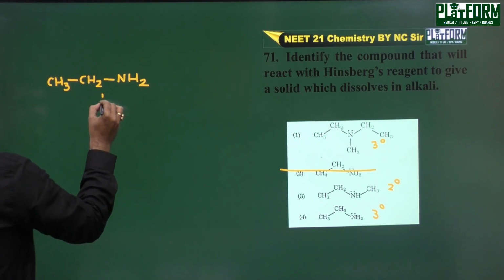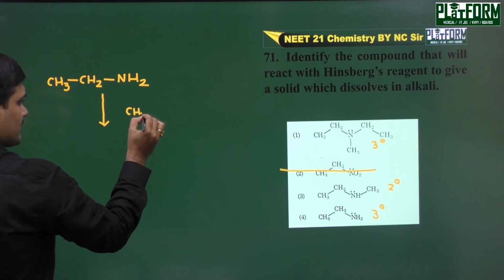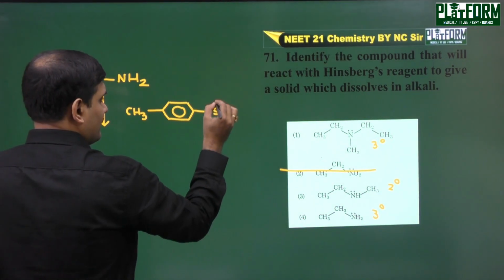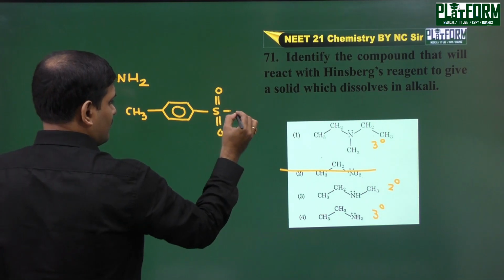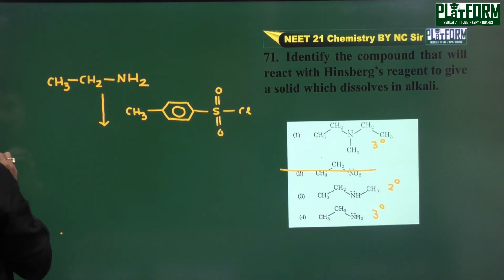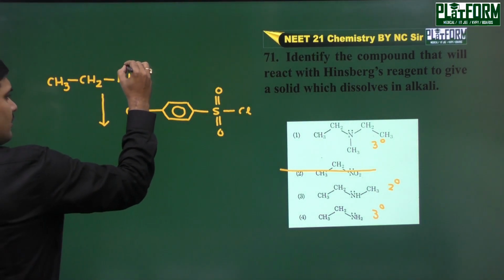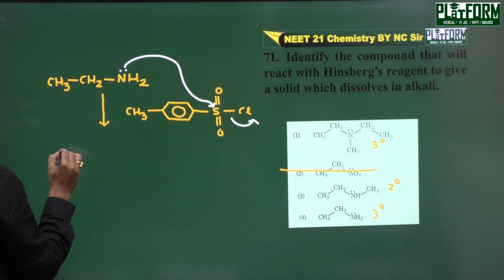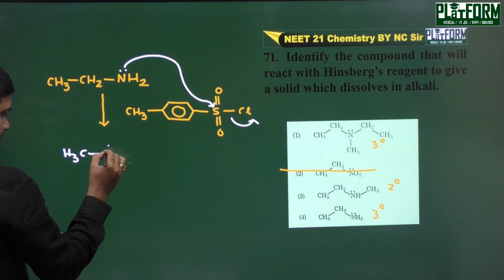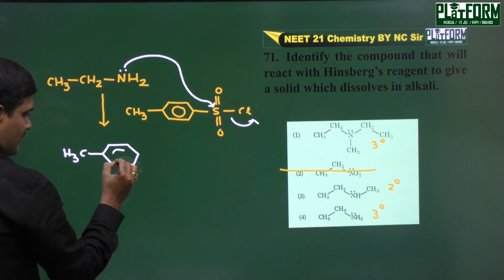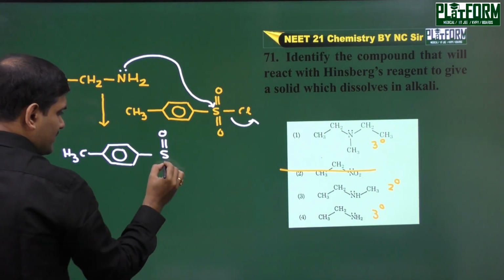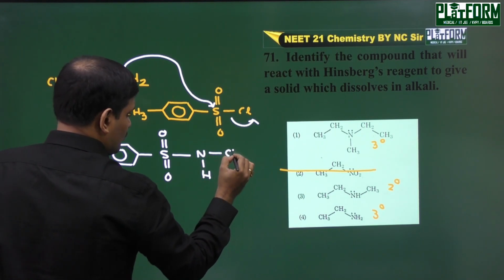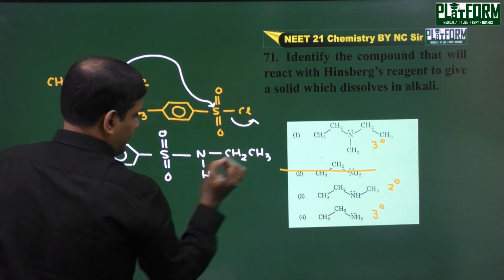If this primary amine reacts with para-toluene sulfonyl chloride, the nitrogen lone pair attacks this portion and Cl is released, leading to the formation of the sulfonamide, NH CH2CH3.